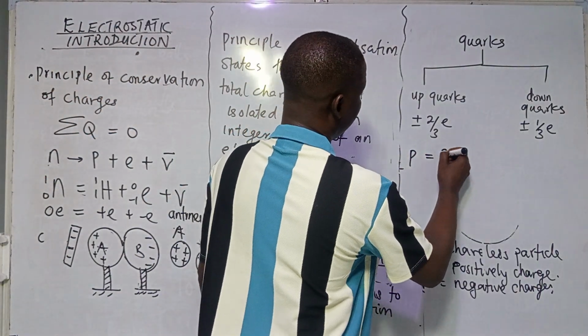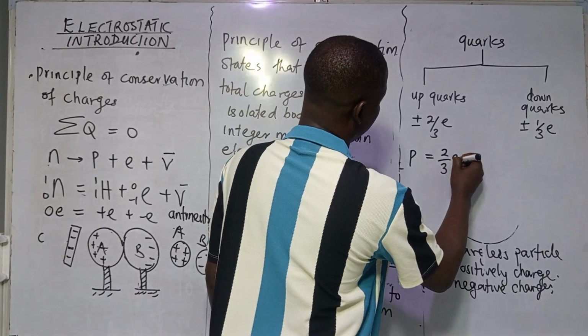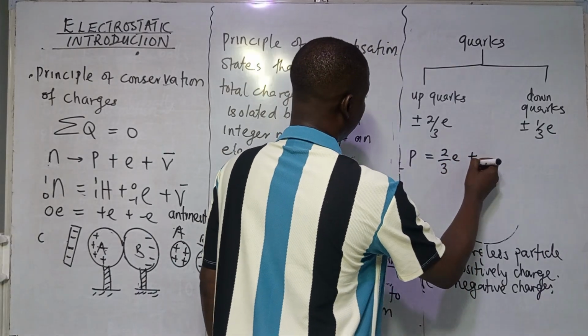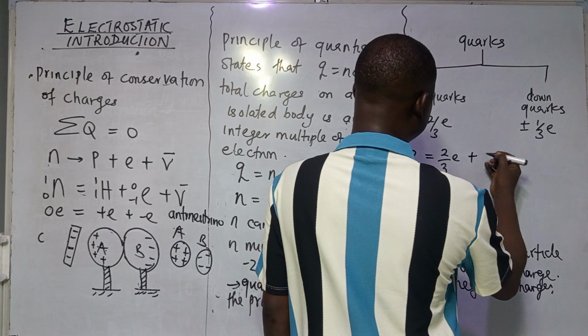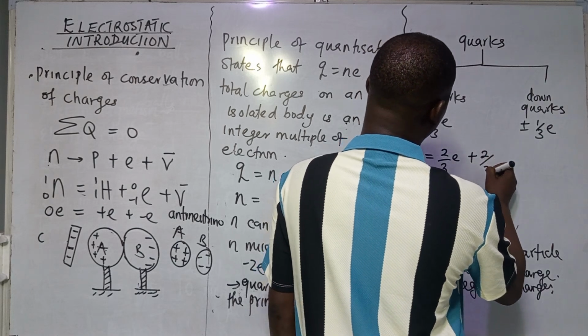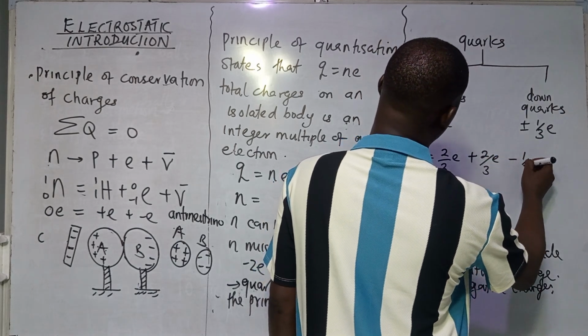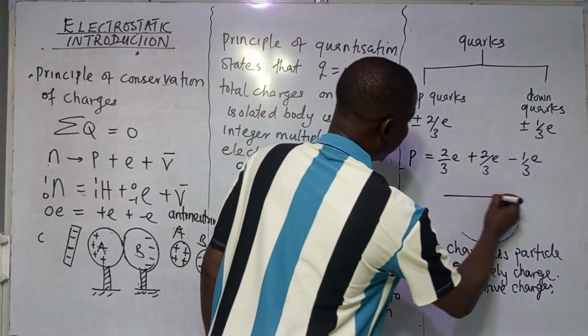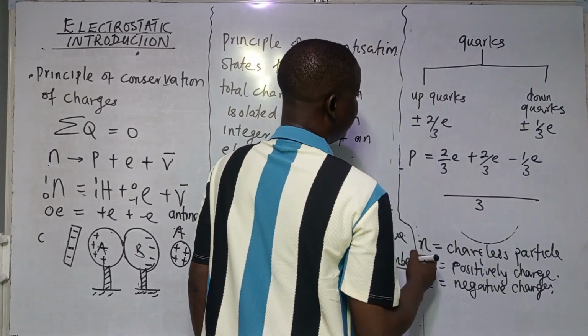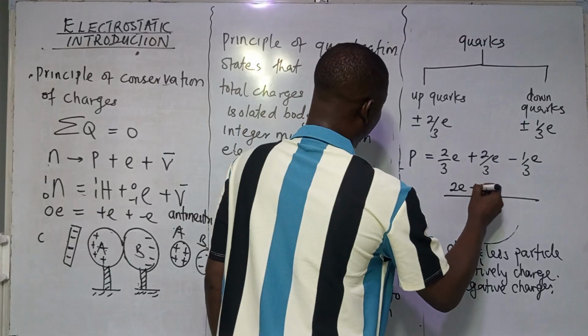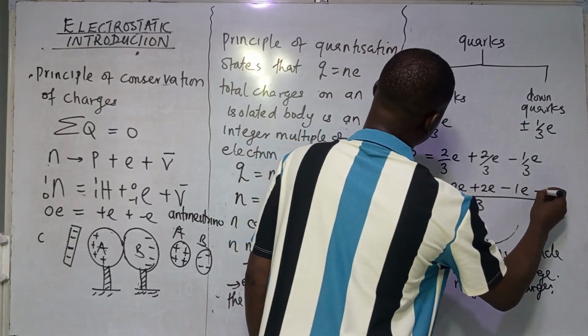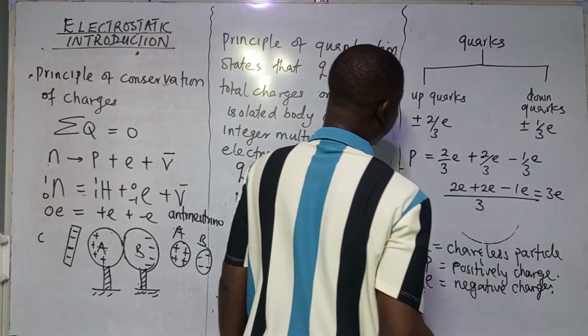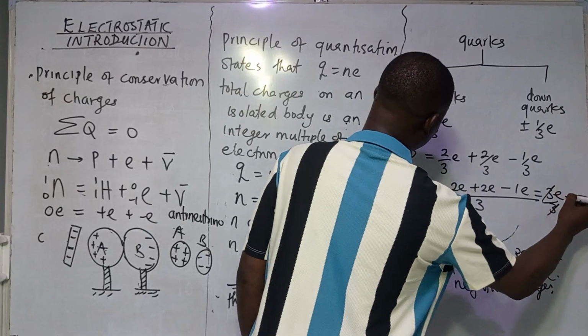But neutron and proton have quarks. Let's say we have 2/3 e, then 1/3 e. Now, define the LCM before I tell you anything. It's 3. We would have 2e plus 2e minus 1e, and then 3e over 3, which is e.